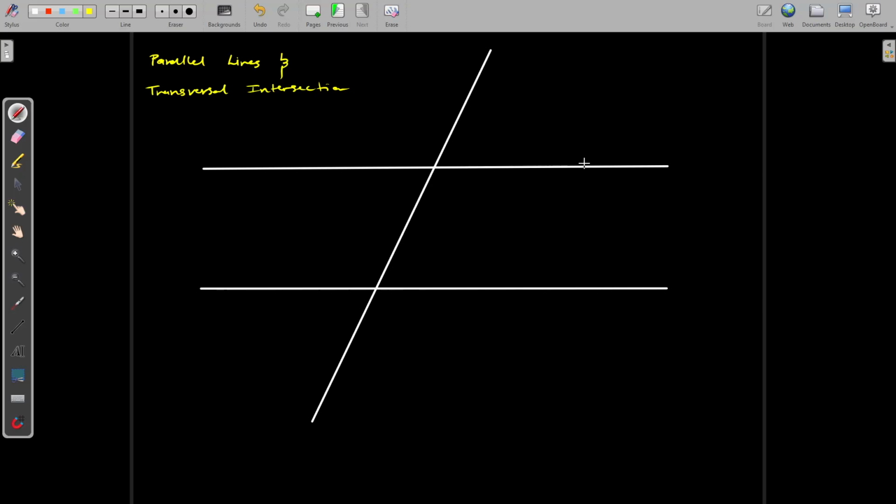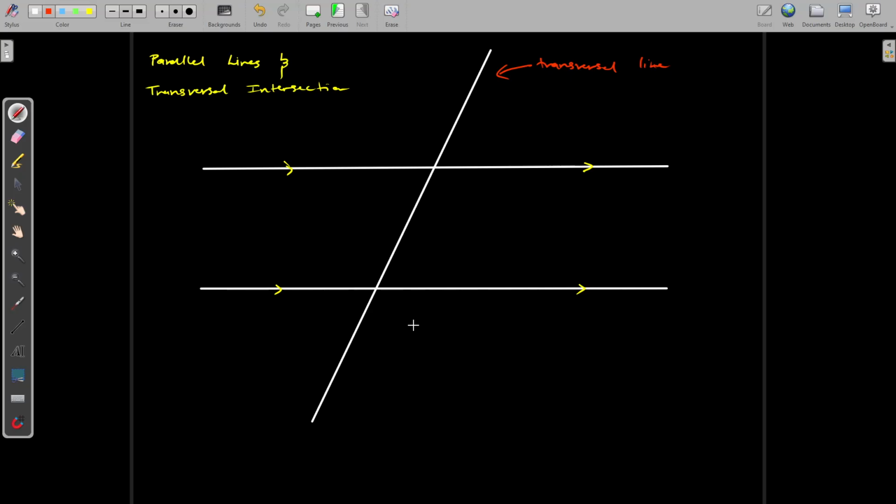So these lines here are parallel to each other. So they are running in the same direction, same distance from each other, never meet, so on and so forth. This one is what we refer to as the transversal line. So it's a line that cuts through parallel lines.